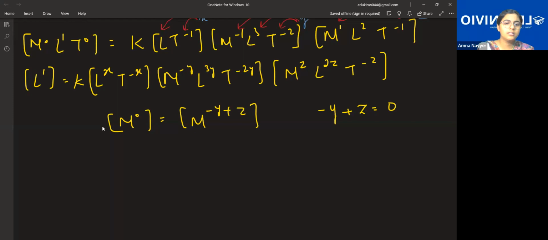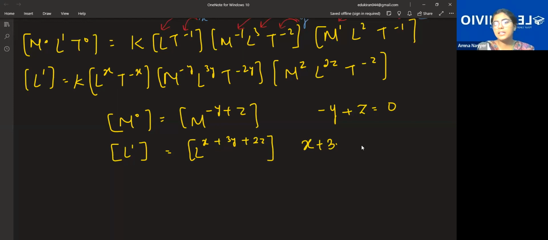Then length. L to the power 1 is there. What all we have here? X, then plus 3y plus 2z. So what will be the equation? X plus 3y plus 2z is equal to 1. Lastly, we have time.